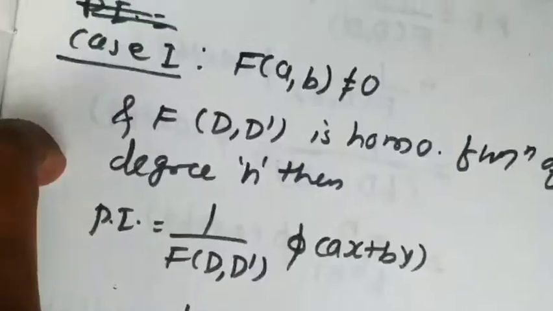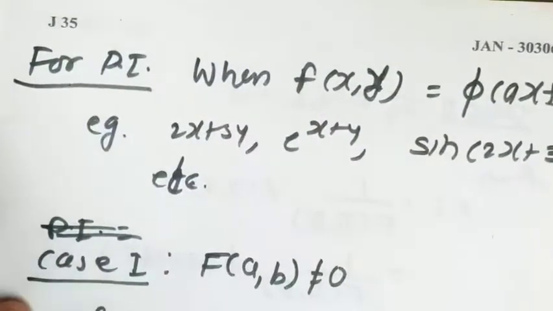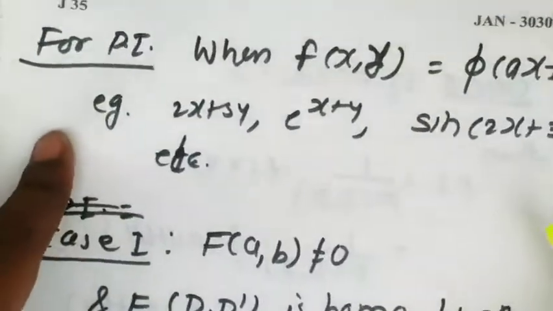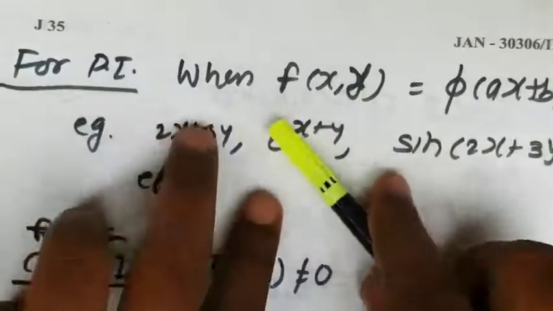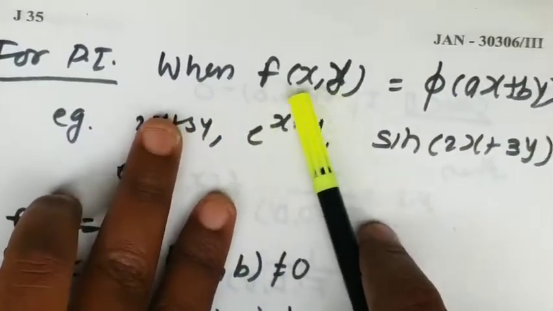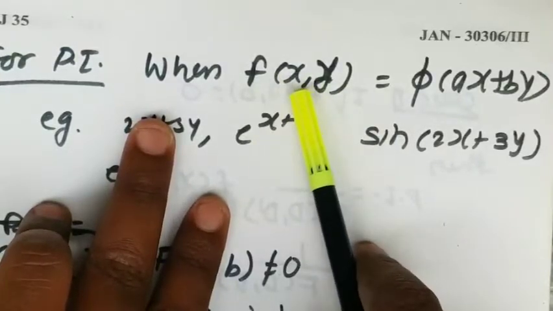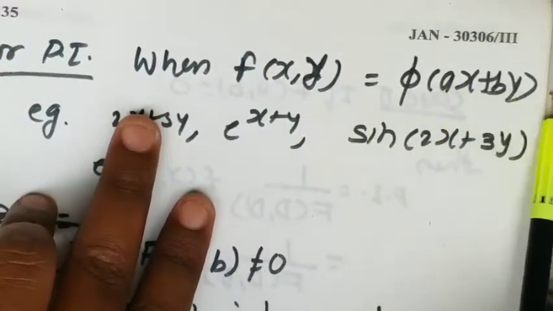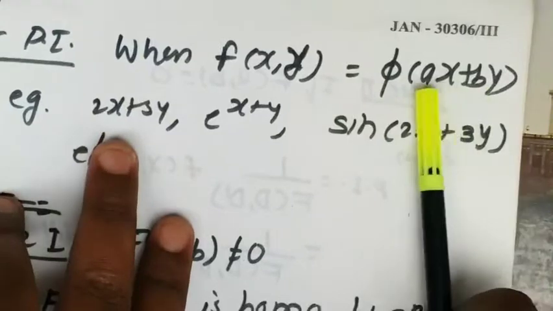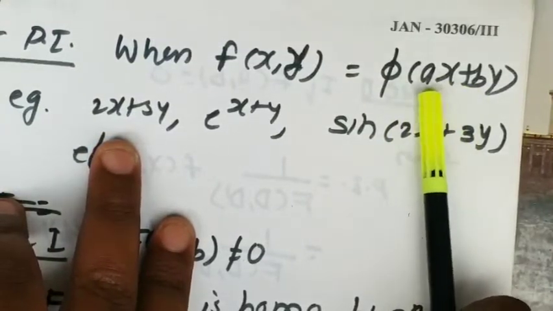Okay. Now let us discuss the particular integral. For CF we have discussed some rules. Now for the particular integral, in examples we are going to have this type of functions: the right hand side function f of x comma y equal to phi of ax plus by. It will be a function of linear factor of this type, ax plus by.